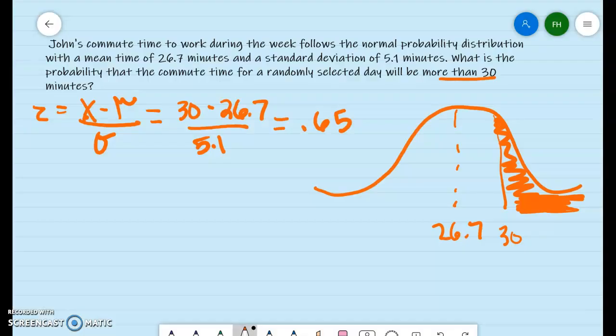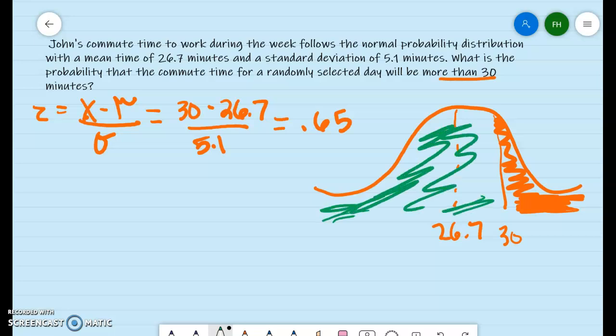So that means that the area up to 30, less than 30, would be 0.7422. I know that my side and 0.7422 would add up to 1, so we have to work backwards here. First of all, the mean would be 0 now, and our new unit is 0.65. So my value is 0.65 standard deviations to the right.